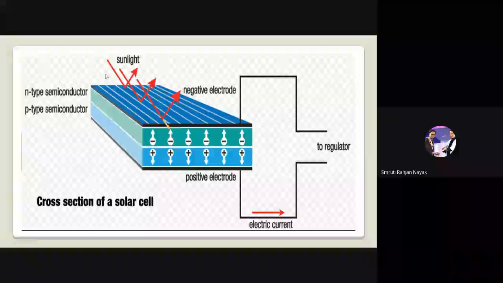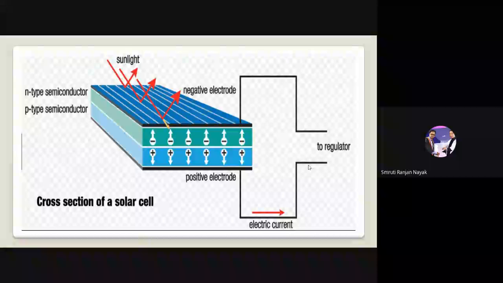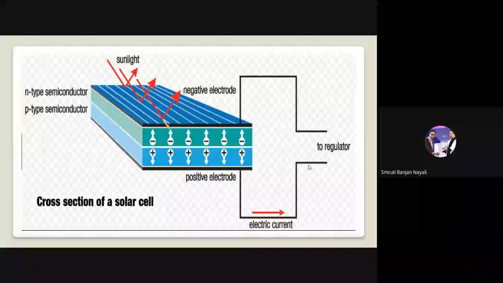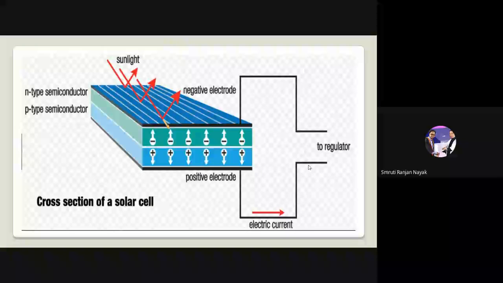When the sunlight falls on the panel, the electrons will be excited and ready to move from this side, and the electric current will flow to the regulator, and the regulator will convert your DC signal, either boosting upward or boosting downward, by the help of the charge controller or boost converter or boosting systems. Then it will go on to the battery storage system, and after that we will be able to use that power.